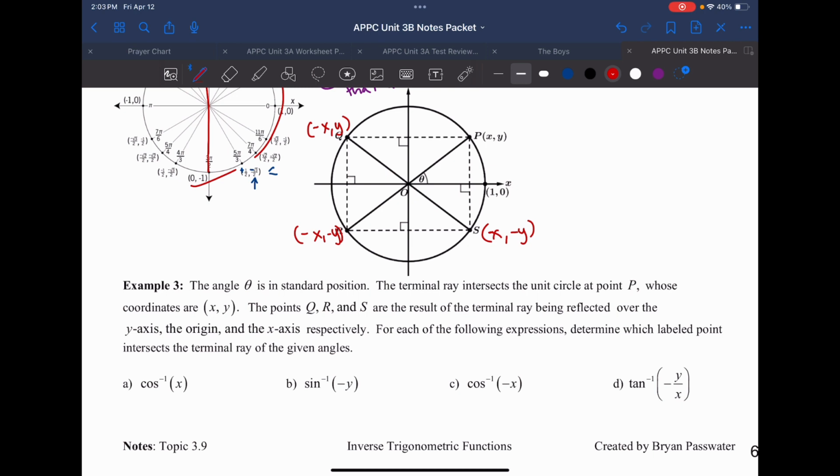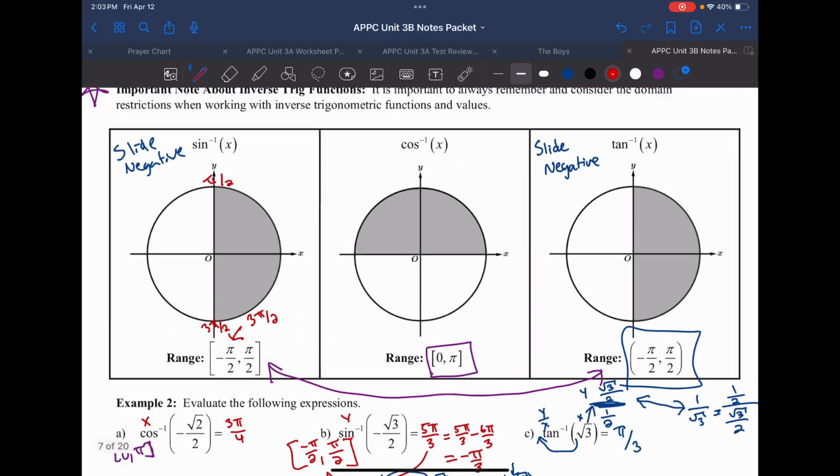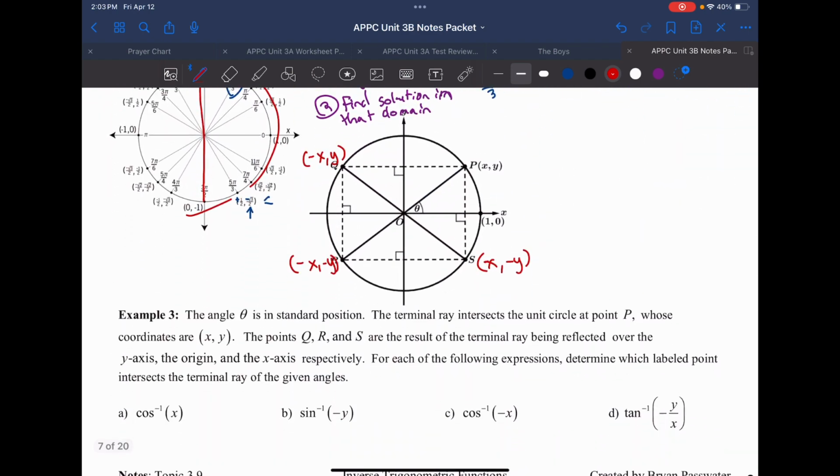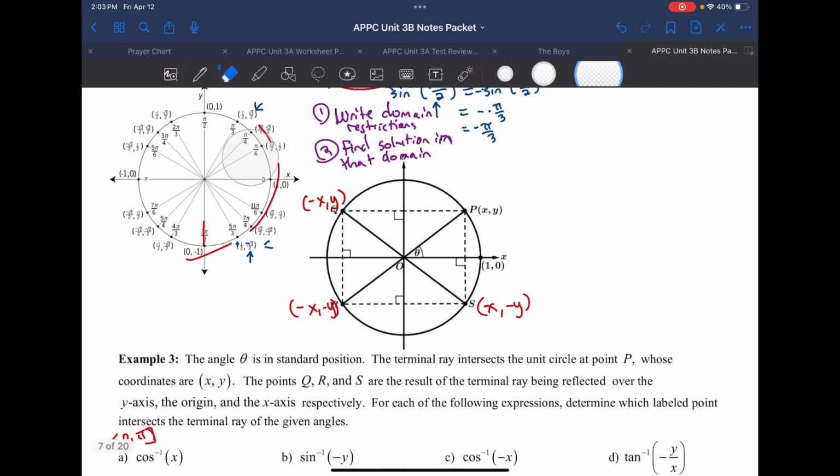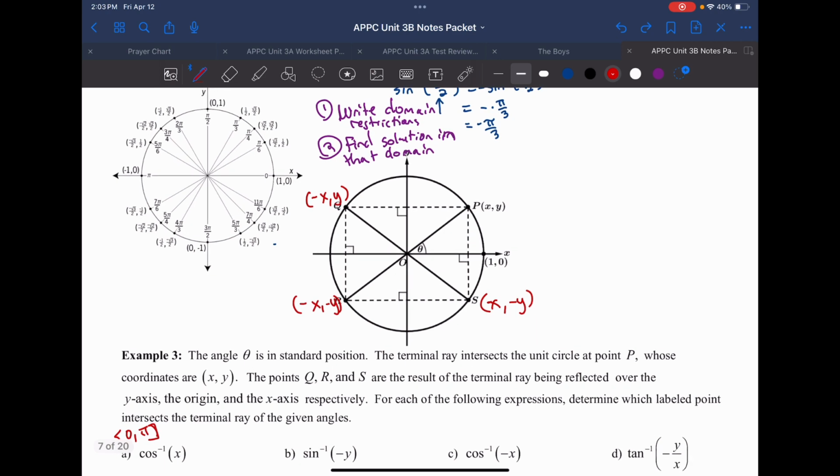So, we're trying to evaluate arc cosine of x. So remember, for cosine, we got to look up here and see what the restriction is. It's from 0 to pi. So on my unit circle here, I'm looking again from 0 to pi, the top up here. And out of the top up there, I'm looking for where it would just be x.